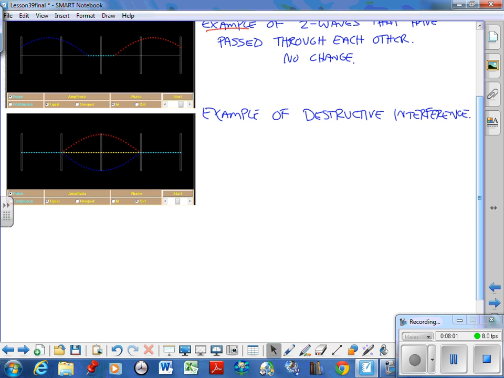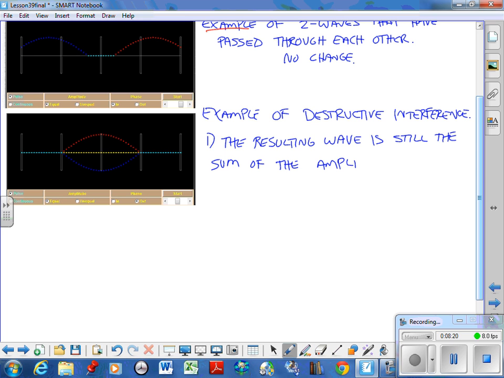So the resulting wave is still the sum of amplitudes. But because they're equal and opposite, the result is no amplitude at all, no wave.